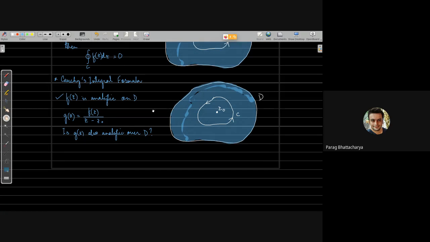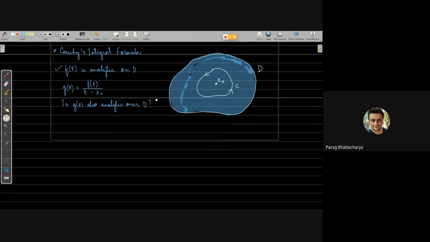Look at the diagram, look at the expression and tell me. Can anyone tell me? This g I have defined this way. So is g also analytic over this D? Who can tell me? Anybody?